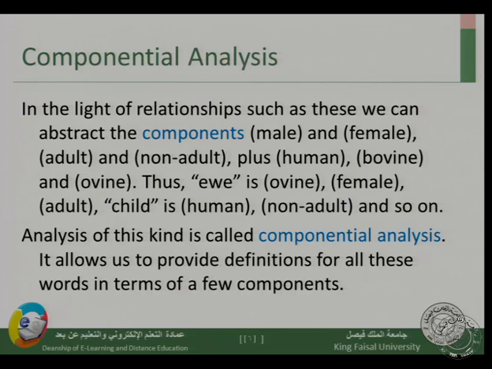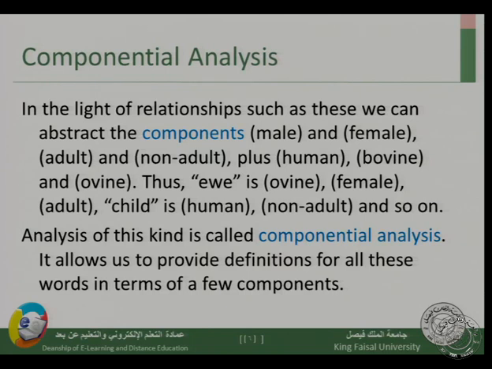So if we take one of these words, we say ewe, for example, is ovine, looking at the row, okay. It's also female, looking at the column, and it's also adult if we compare the two. So ovine, female, and adult. Child is human, of course, and non-adult. It can be either male or female, but it is human. It must be human when you say child, and also non-adult.